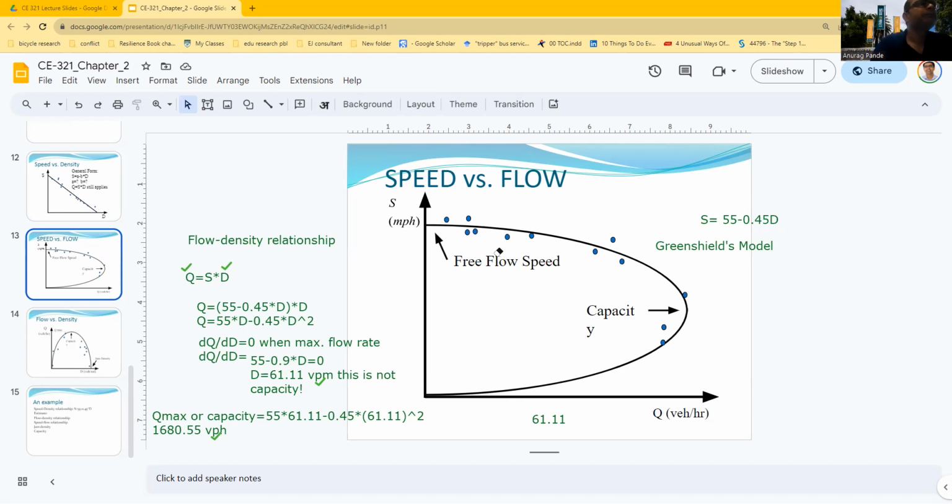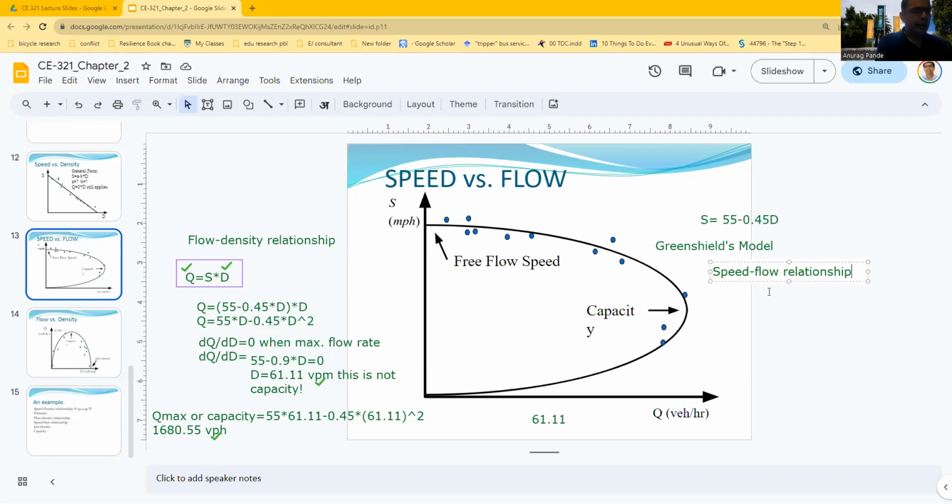The way you derive it is again make use of the flow equal to speed times density. This is a fundamental relationship. What I want to derive now is the speed flow relationship.